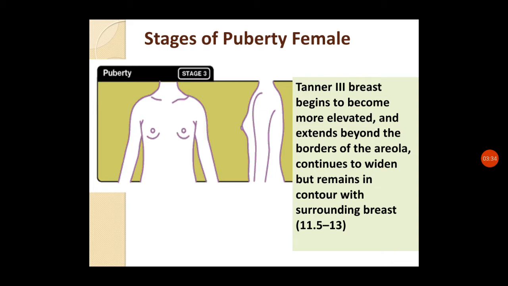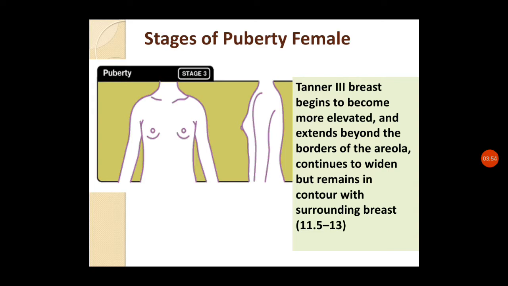Here the breast begins to become more elevated and extends beyond the borders of the areola. More than the surrounding area of the areola, it will be elevated, and the areola continues to widen and remains in contact with the surrounding breast.